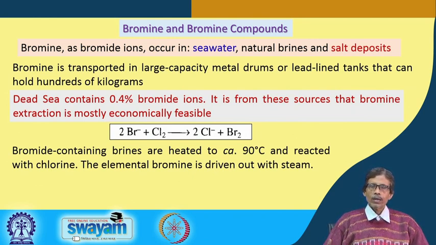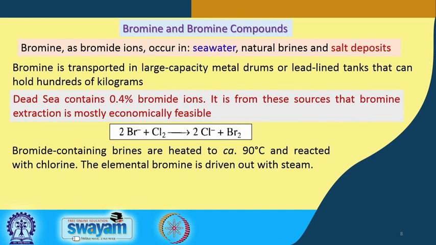So, this is not only a process of isolation, but also a process of purification, where the material goes out along with the steam at a high temperature, because steam is always produced at around 90 degrees centigrade, and then it is condensed.